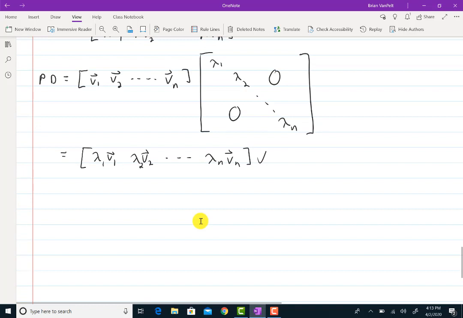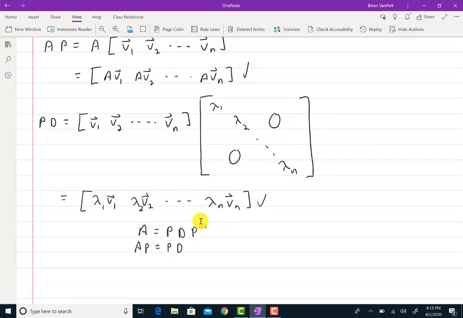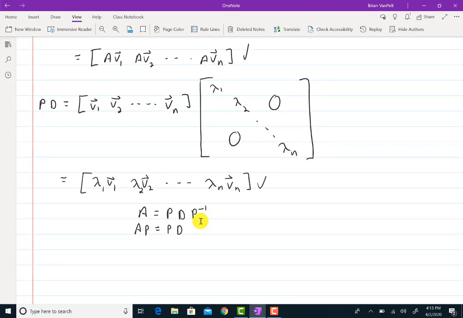So, since A equals P D P inverse, let me multiply on the right by P. I get AP equals PD. So these things that have the checks are equal to each other because of the assumption we're making here. Since A equals P D P inverse, AP equals PD.